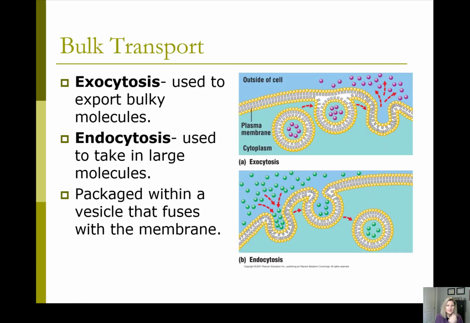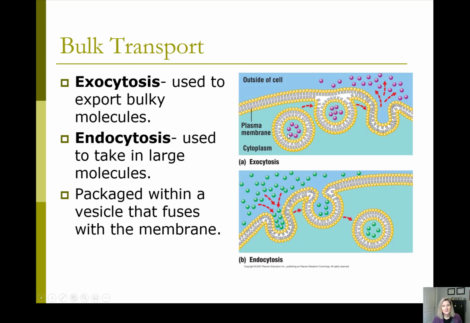Okay, so here you can see we have an example of exocytosis and endocytosis. So in exocytosis, we've got substances exiting the cell. You can see how maybe these are the products of the Golgi apparatus. Whatever glycoprotein or glycolipid was formed is now encapsulated in a double membrane, a phospholipid bilayer, in a transport vesicle.